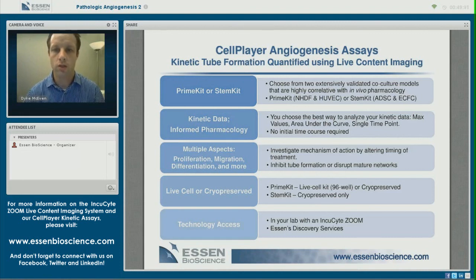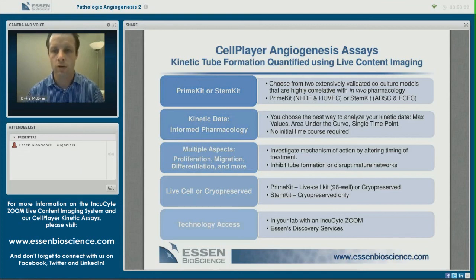And so just to summarize a bit, I mentioned to you both of our kits, the prime kit and the stem kit. They're 2 highly validated co-culture models that are highly correlative with in vivo pharmacology. Again, the prime kit's a combination of fibroblasts with HUVEC, while the stem kit's a combination of ADSCs and ECFCs.